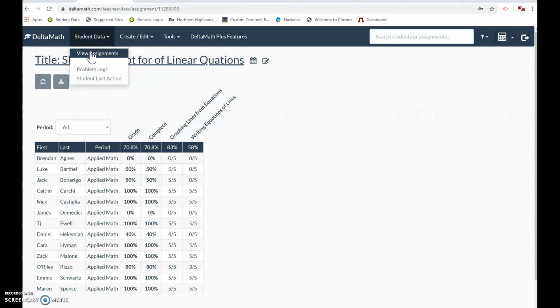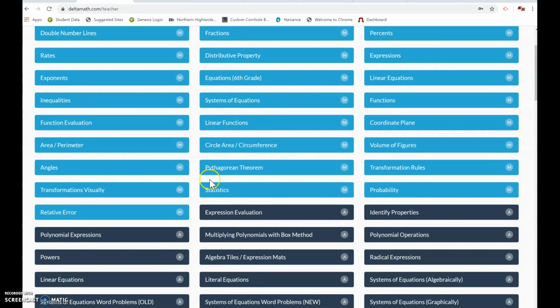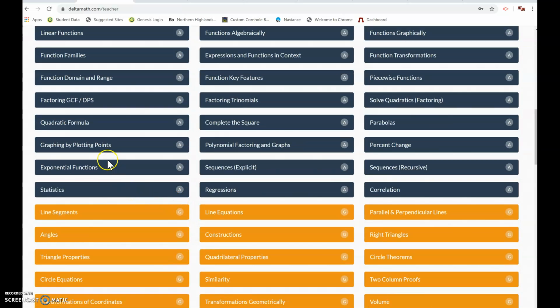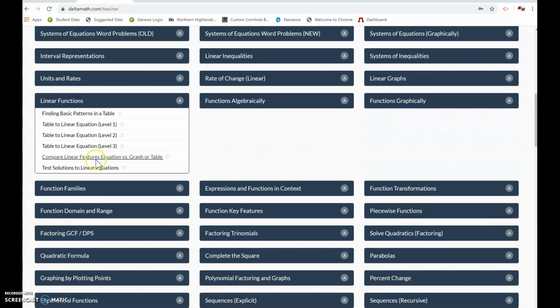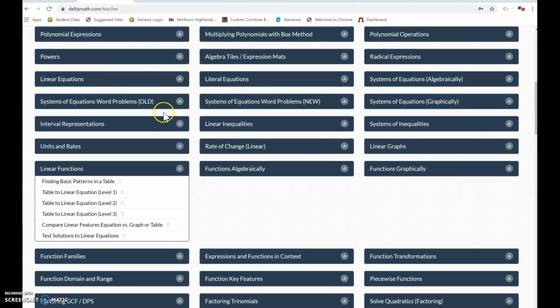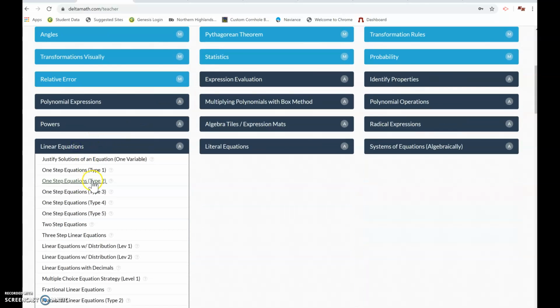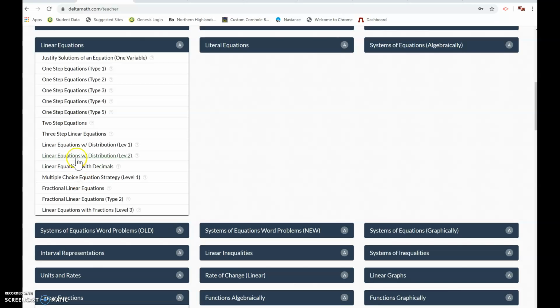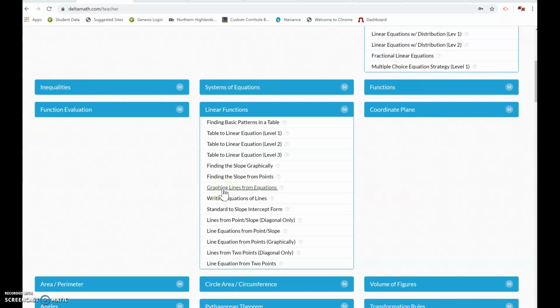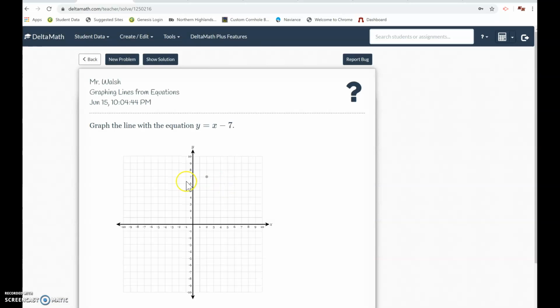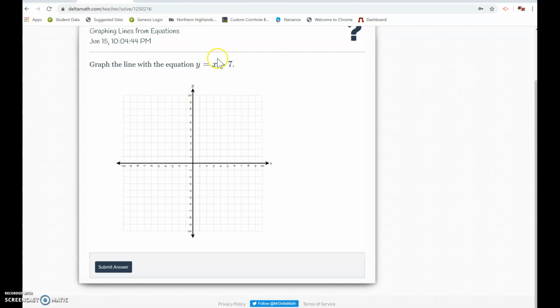But if we go back to the Delta Math page, and we go to the linear functions, linear equations, we'll go down to graphing lines from equations, and here's a sample problem that they would have for homework.